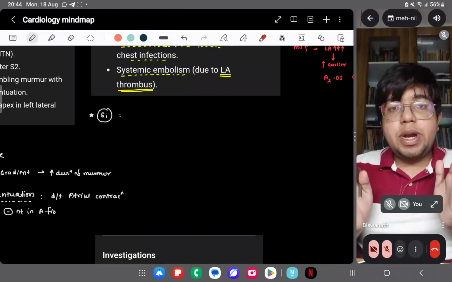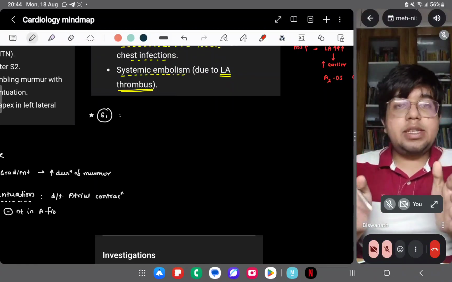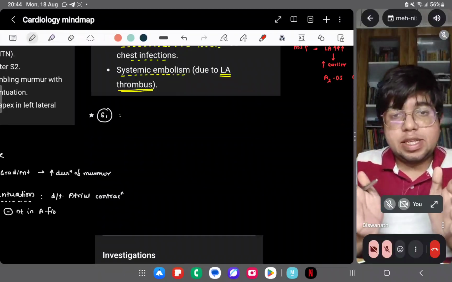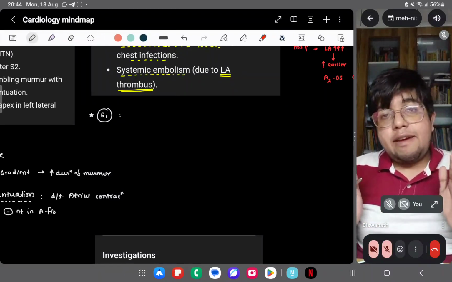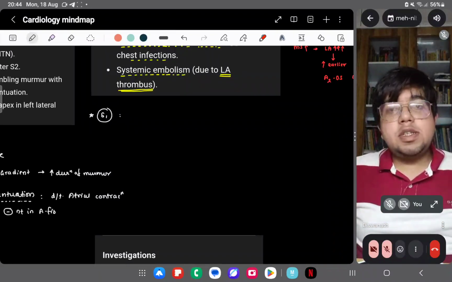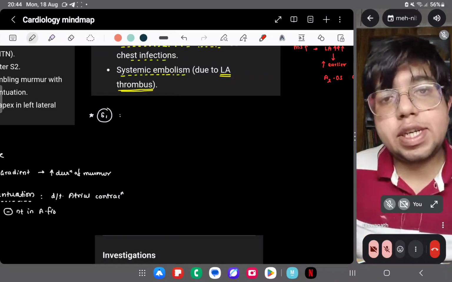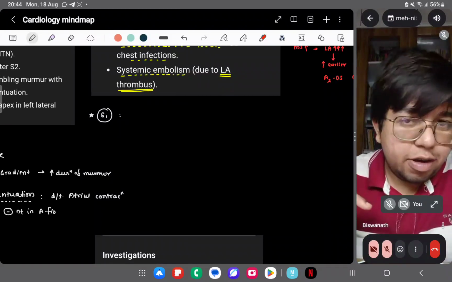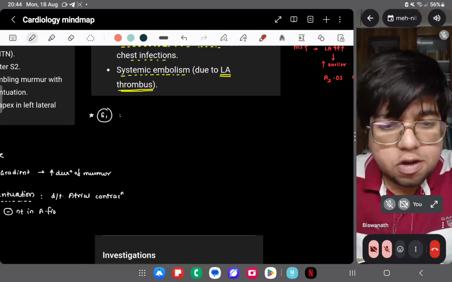If it is open at the bottom, it has a larger distance to traverse, so it will close with more velocity. If it closes with more velocity, what will be the effect on S1? Of course, loud S1.